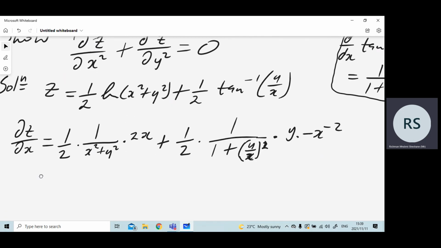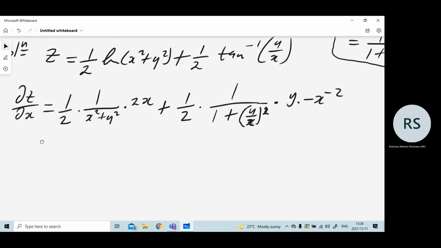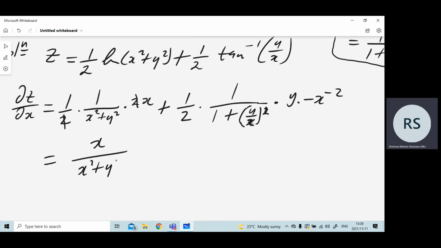Okay, let's simplify our function. You notice here 2 divided by 2. So in my first term, I will have x over x squared plus y squared. In my second term, this positive multiplied with this negative, I will have a negative.